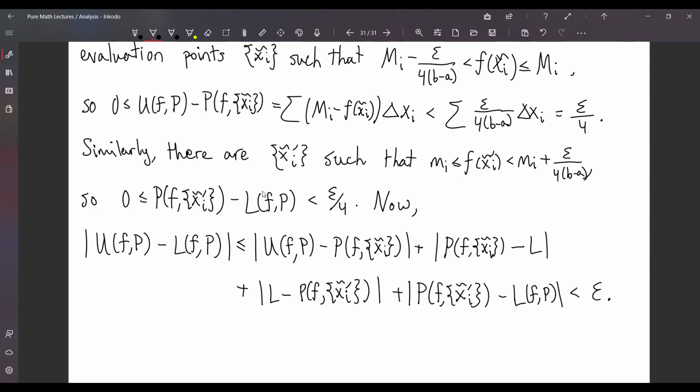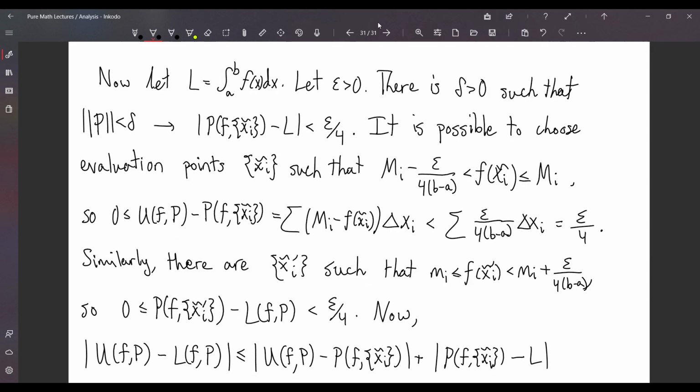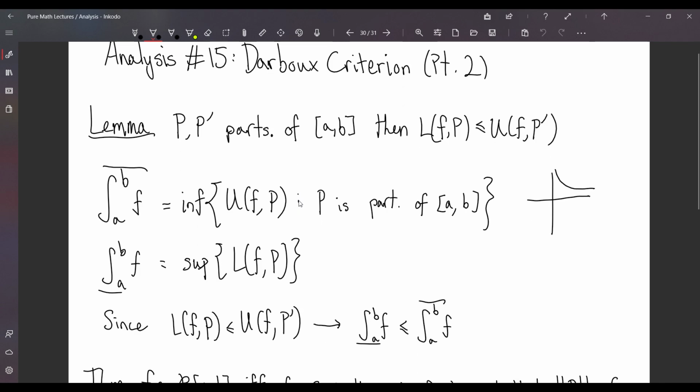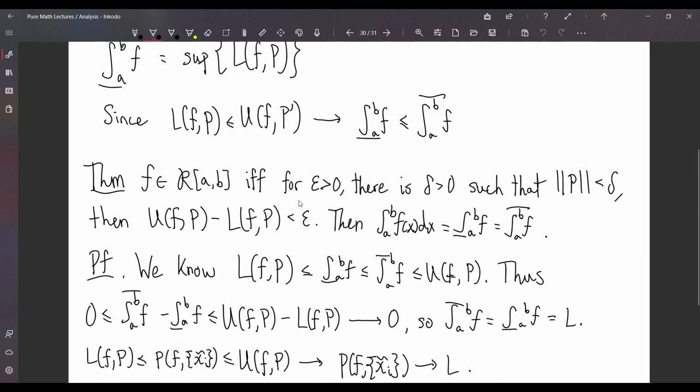Okay. So this criterion, although it doesn't seem entirely useful, right, this is just an alternate way of saying that if I can prove that my upper and lower sums are close together, then I know that my function is Riemann integrable, and the value of the Riemann integral is equal to the lower and upper integrals.